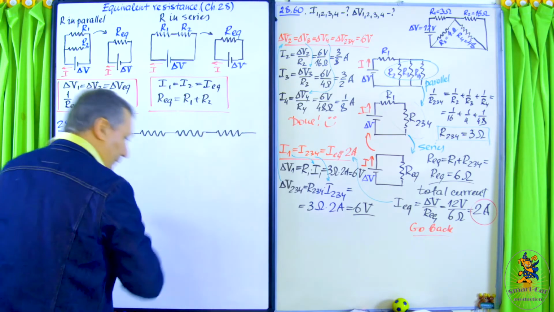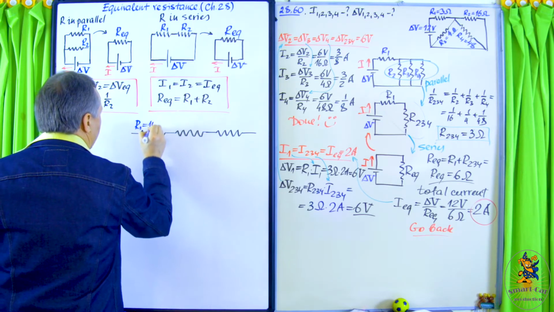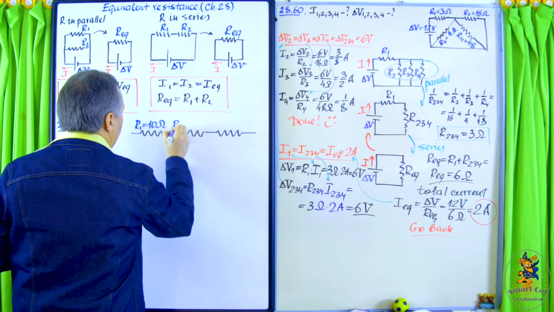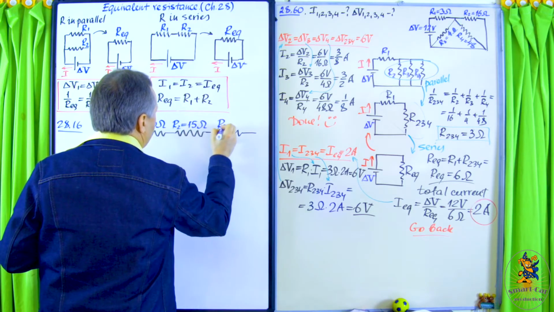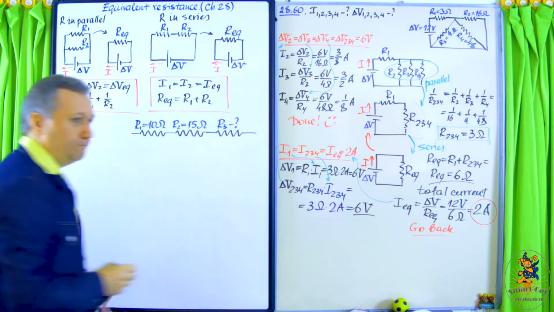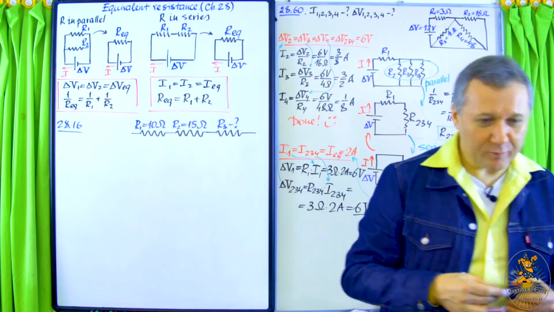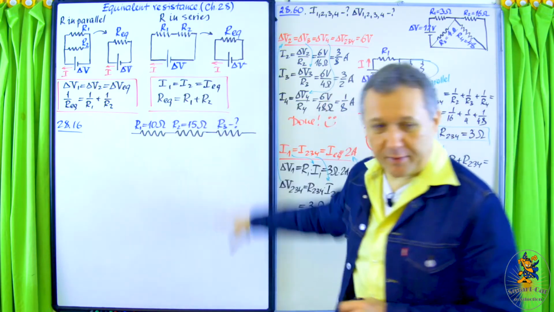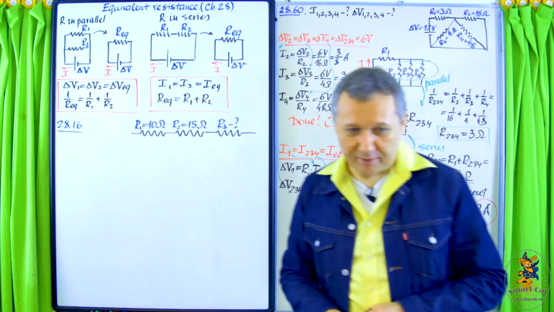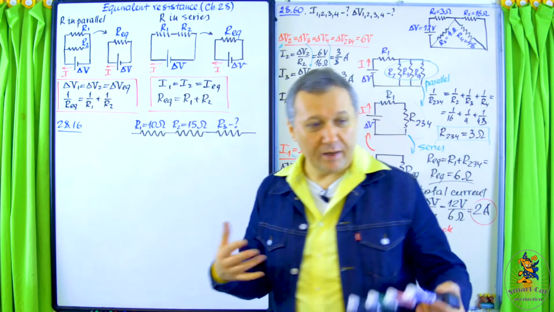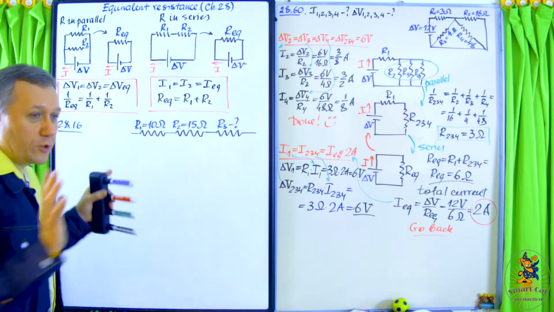So values: R1 10 ohms, R2 15, and R3 is our unknown. In your homework there will be a similar problem, but resistors will be connected in parallel. Right now they are in series, but in your homework they will be connected in parallel. But the idea to the solution will be very similar.